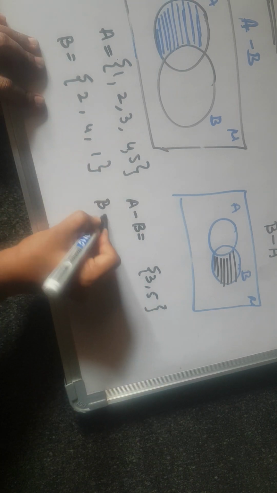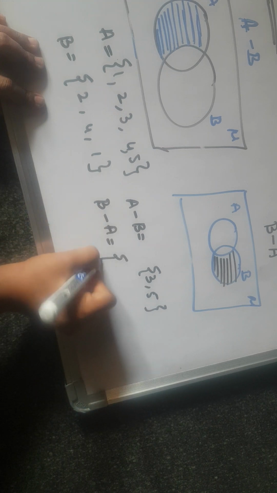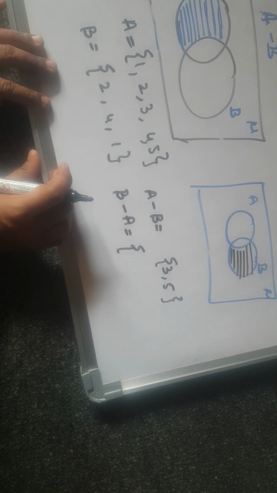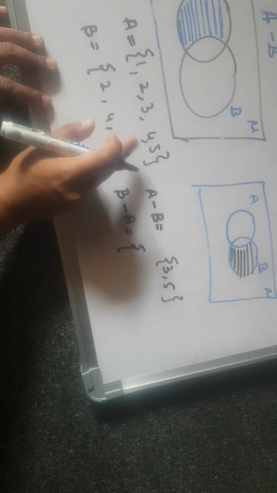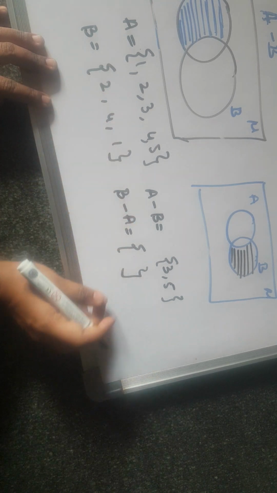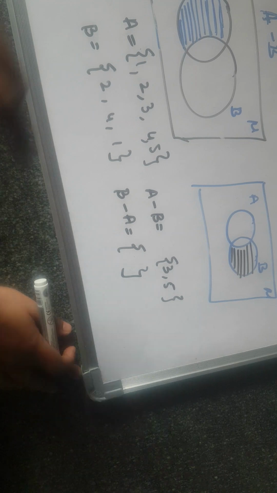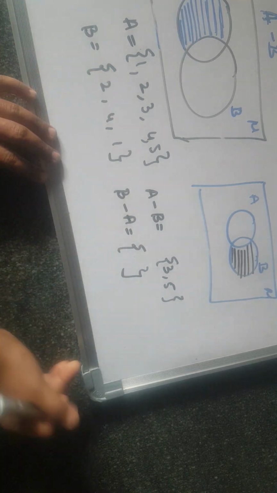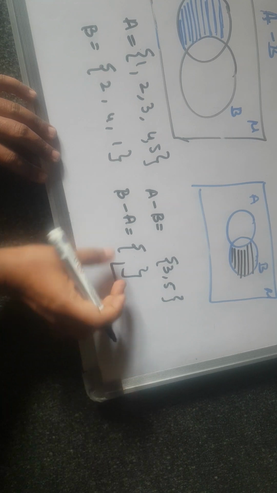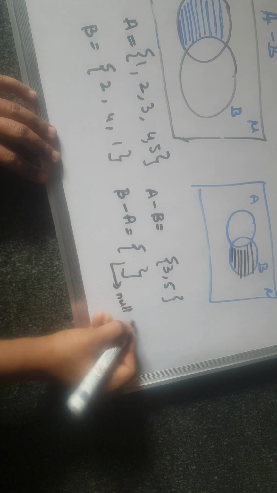If you want to calculate B minus A, then what are the elements you have to take? B minus A means 2 is present, 4 is present, 1 is present, so no elements are present, and it will be a null set.